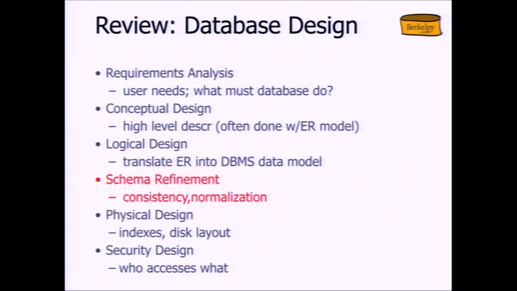Given our logical design, how do we turn our entity relationship models into schemas, which we can then put into our database as tables or relations, and how do we design these schemas properly so that we can be as efficient as possible when we're representing our data and keeping our data up to date?